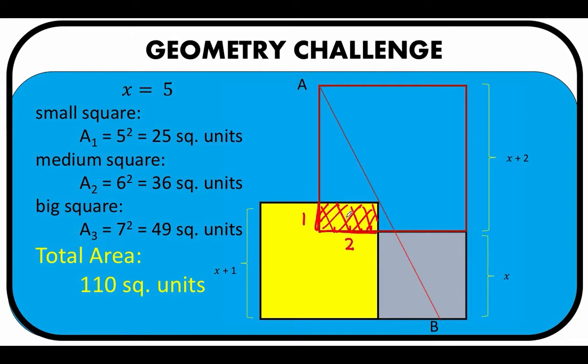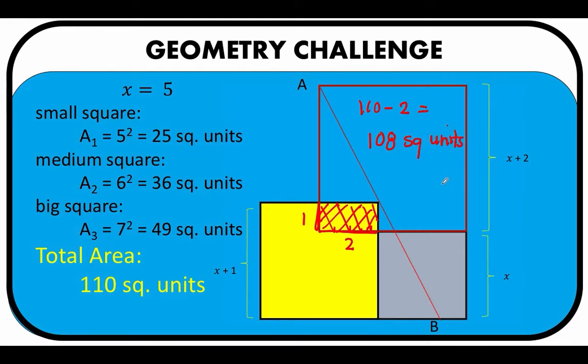So 1 times 2 is 2 square units. So subtracting this 2 square units from 110, then we will have the total area of this composite figure to be 110 minus 2 square units in order to get a final answer of 108 square units.